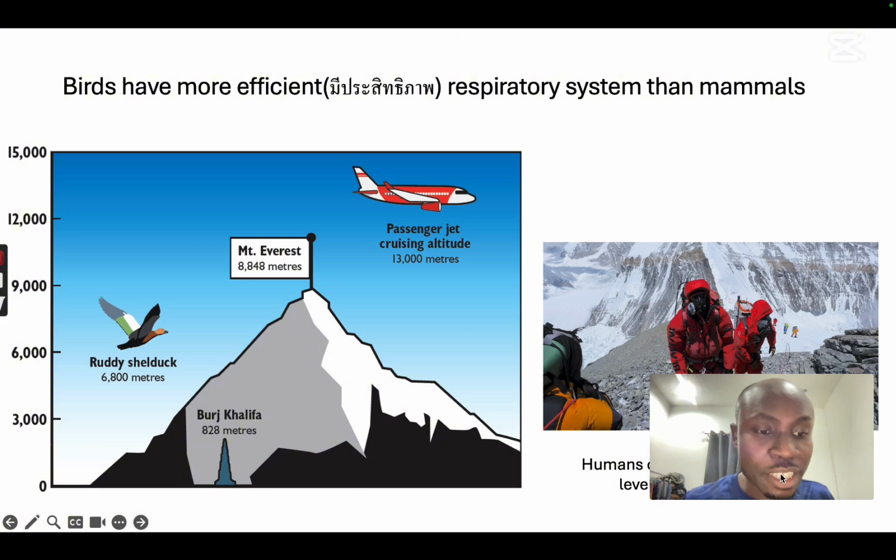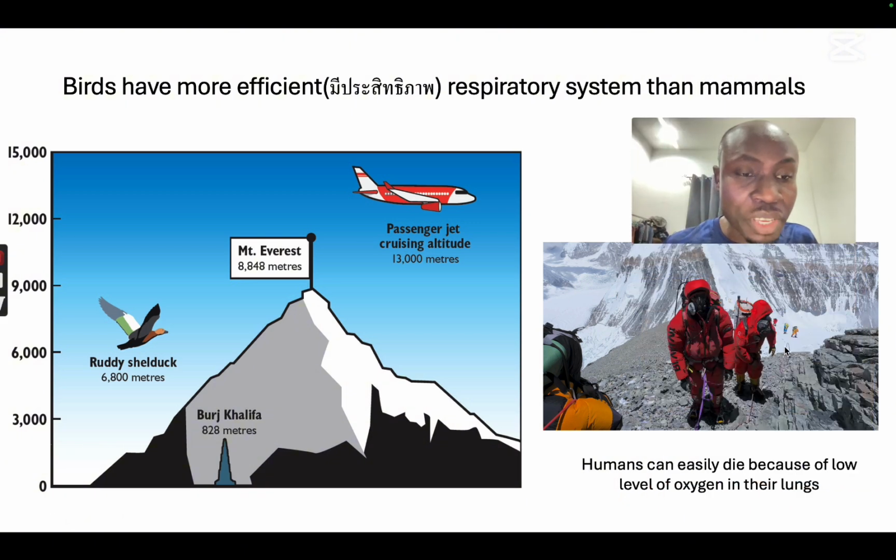You can see in this picture, these are some people on Mount Everest, and they're wearing masks to get oxygen. If you don't take oxygen, you're going to die because there is less oxygen when you go up, and our respiratory system cannot absorb all the oxygen.